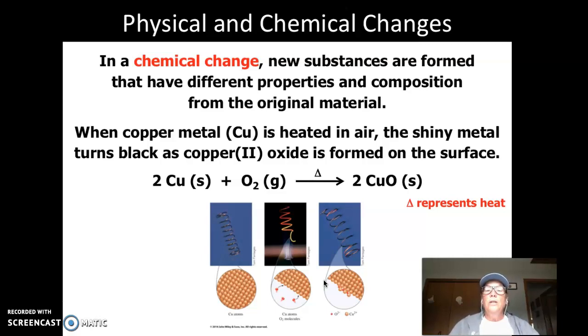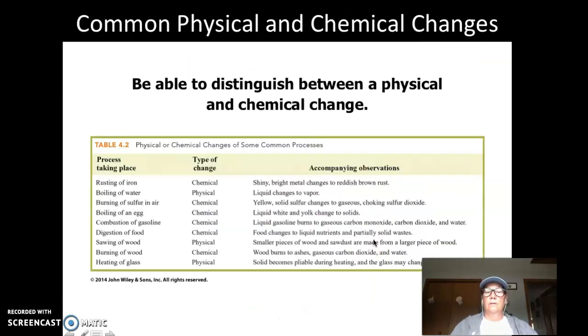Copper metal, when you heat it in air, it actually reacts with the air and produces like a corrosion on the copper. It turns black, and it's called copper oxide, okay? So you started with pure copper. You heated it, which caused it to react with the air, and now you have copper oxide, which is not the same as copper, okay?